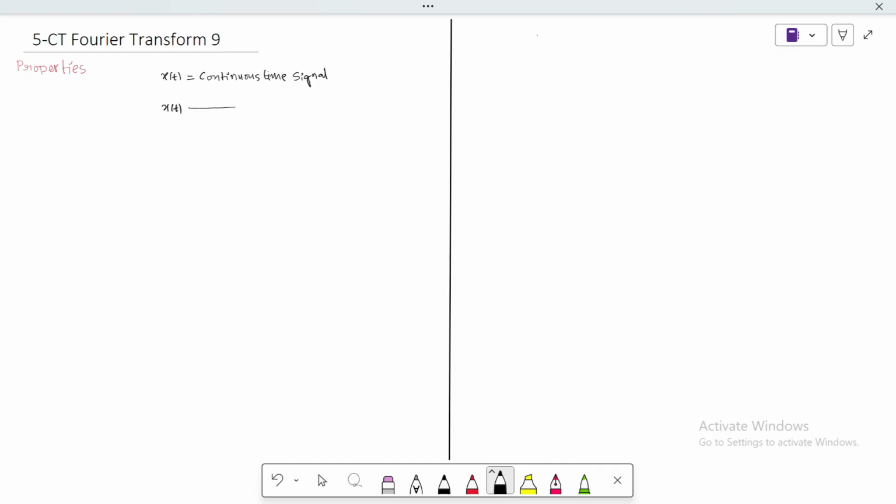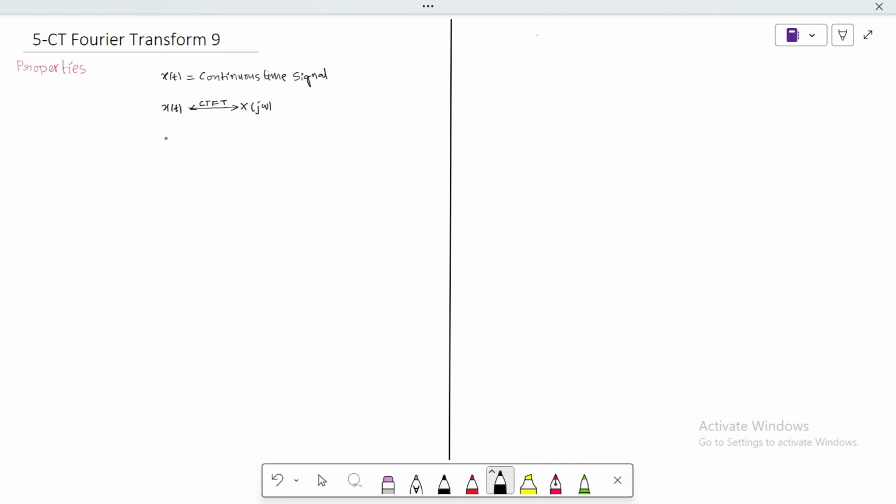So the continuous time Fourier transform is denoted by x of j omega. We derived the formula for x of j omega. From x of t to x of j omega, it is called the continuous Fourier transform. From x of j omega to x of t, it is the inverse Fourier transform.